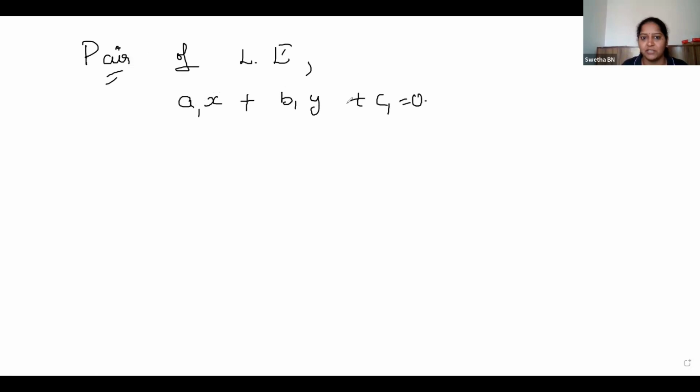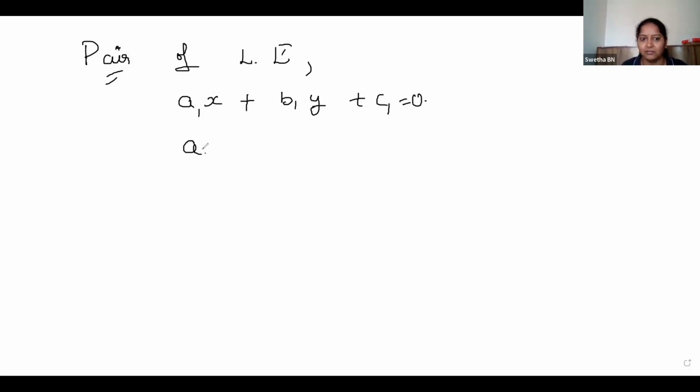And now you know what a linear equation is. And I will write the pair of linear equations. I will write two, I'm writing a pair, no? That's why I'm writing a1x plus b1y plus c1 is equal to 0. What is the next equation? Can you tell me?